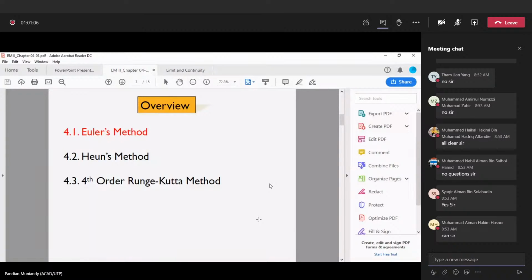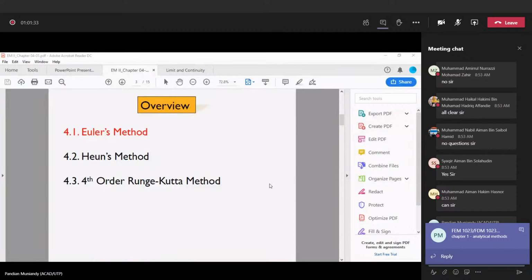The difference is, chapter 1 is the analytical method, and chapter 4 is the numerical method.